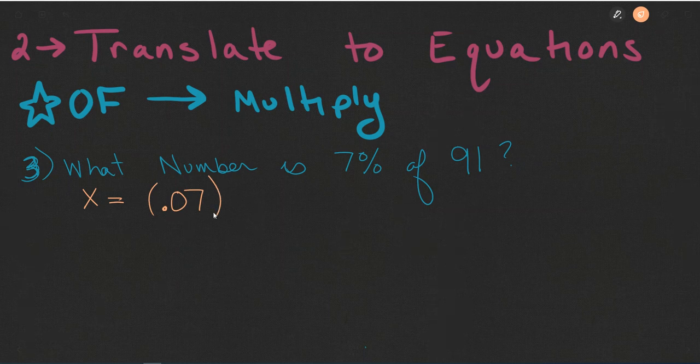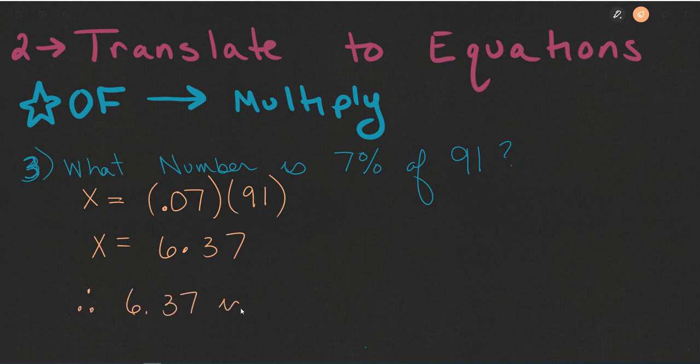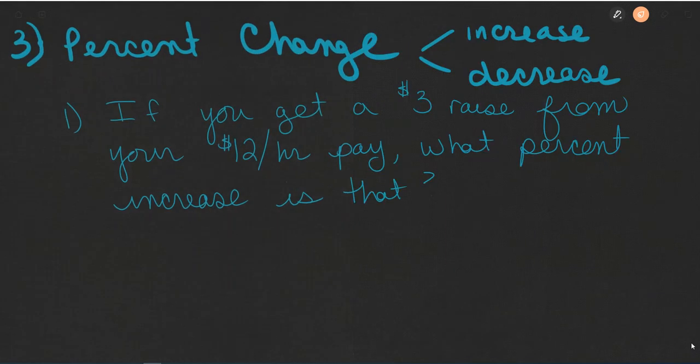So x is 7% of 91. 7 hundredths times 91 gives us 6.37. Therefore, 6 and 37 hundredths is 7% of 91. So those are some basic translation problems.